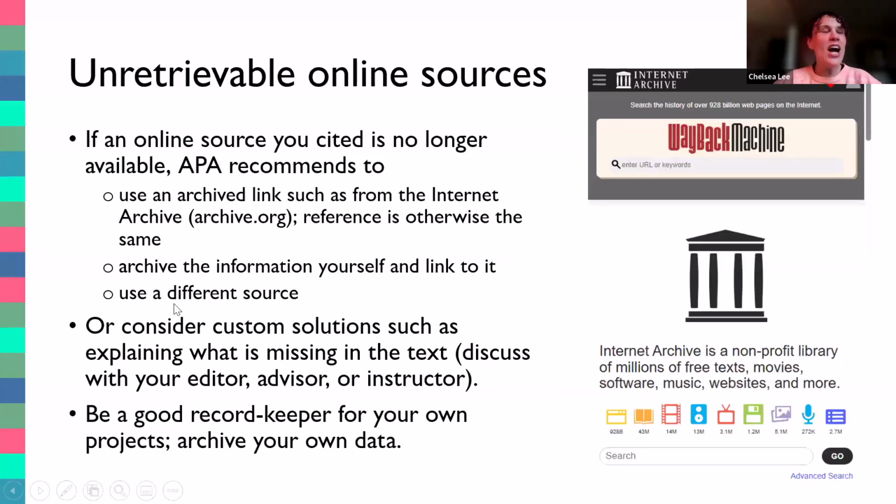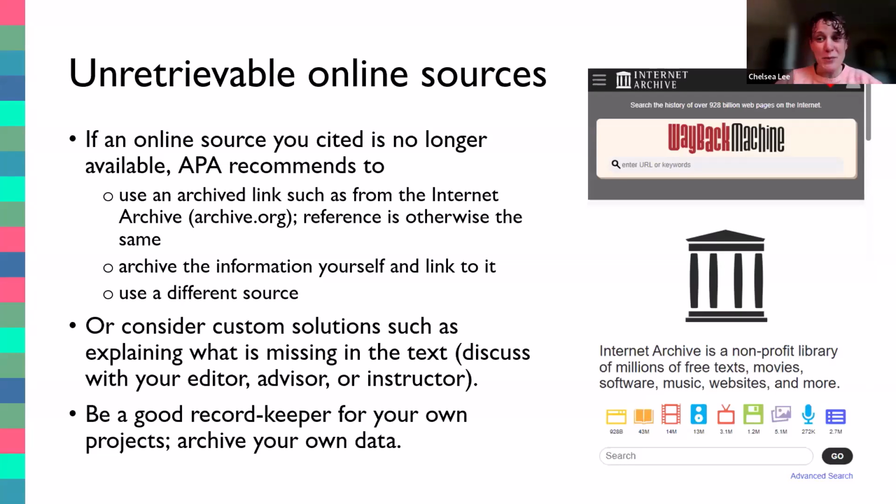So the next kind of uncommon, difficult reference type is unretrievable online sources. Things that used to be there and now they're gone. What are you supposed to do? First off, check whether the page has been archived. You can look in the Internet Archive, which is at archive.org.